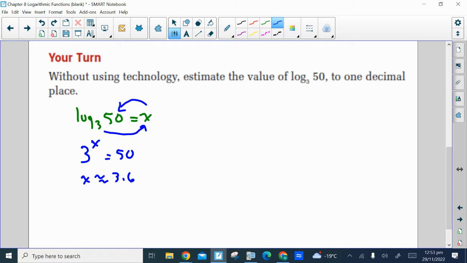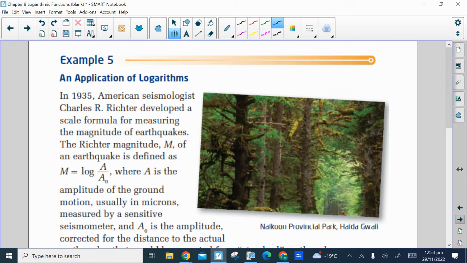To 1 decimal place. So we said at the start that there are some applications of logarithms, and one of those applications has to do with the Richter scale. That was invented in 1935 by the American seismologist Charles Richter, who developed a scale formula for measuring the magnitude of earthquakes.